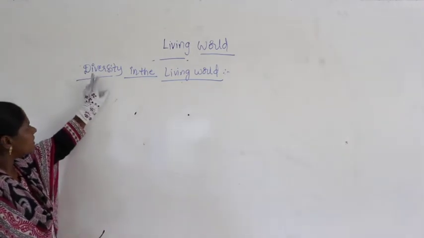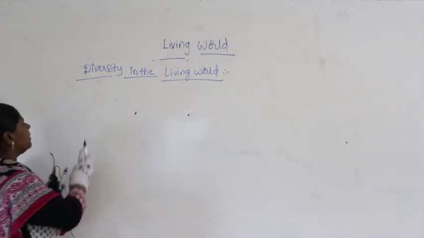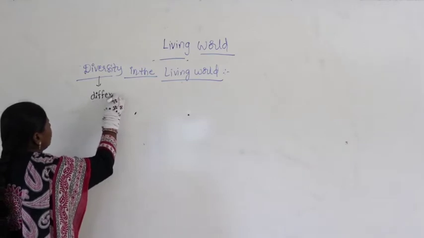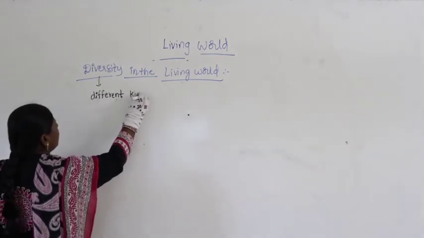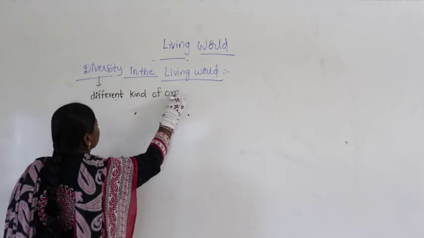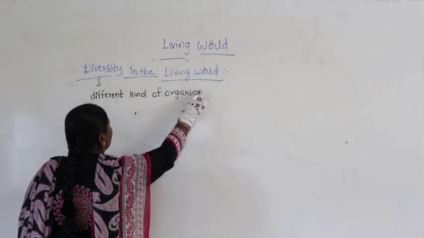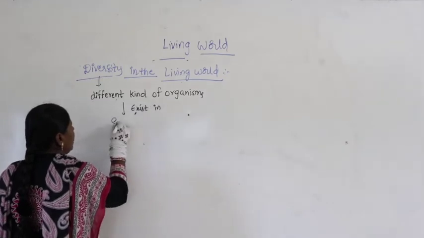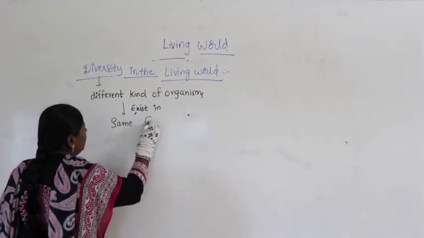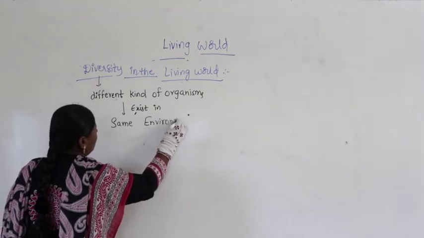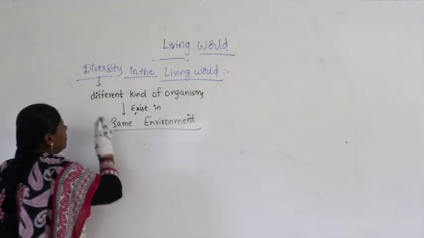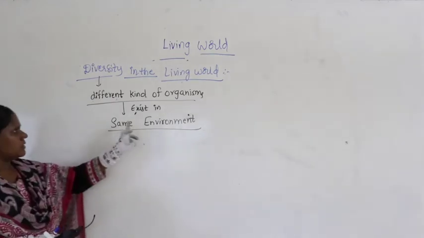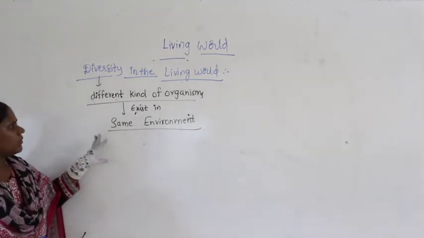When we say diversity, it means that different kinds of organisms exist in the same environment. Right? What do we say? Different kinds of organisms exist in the same environment.